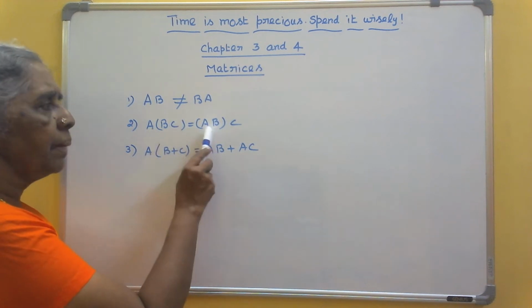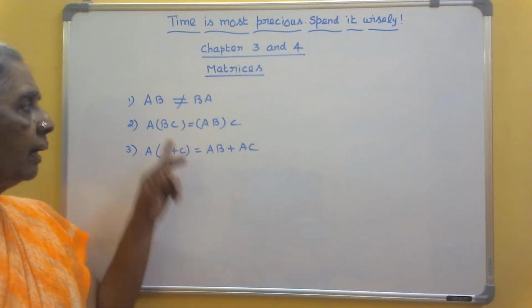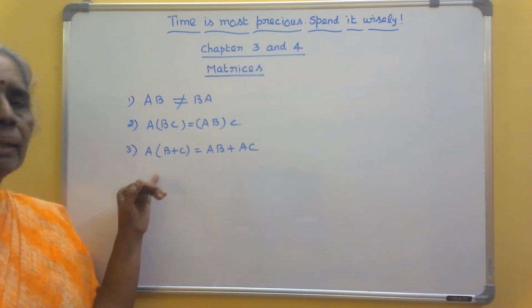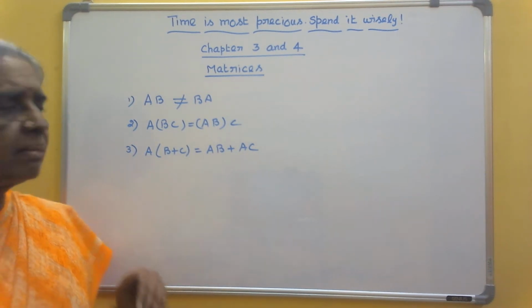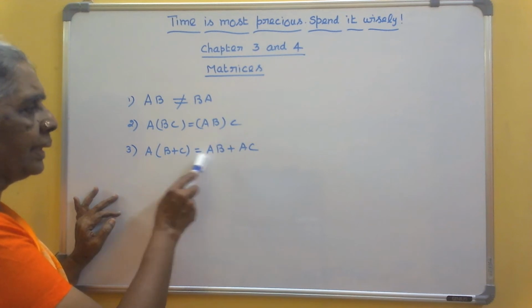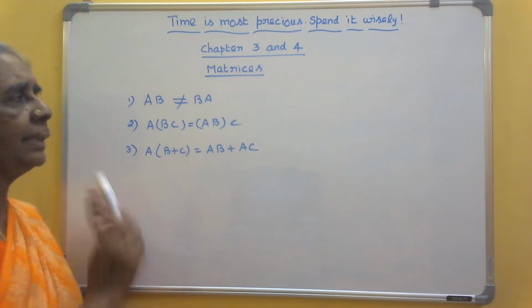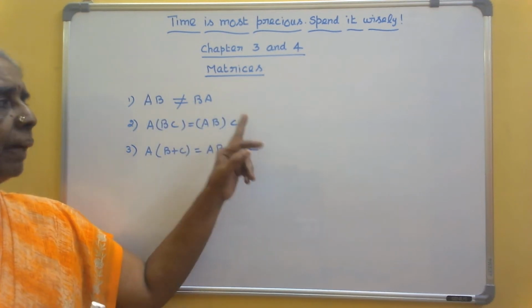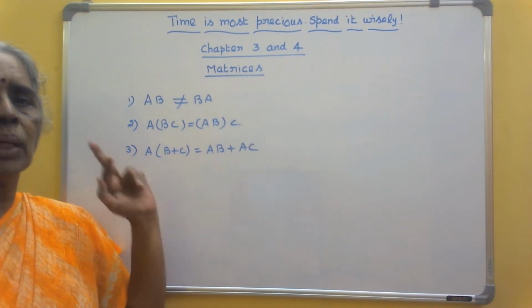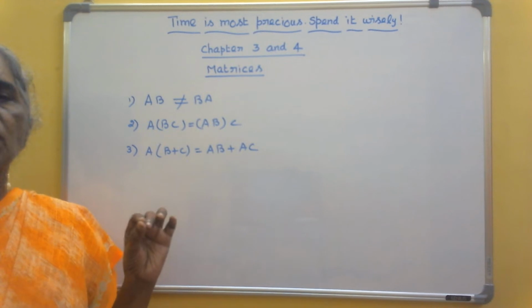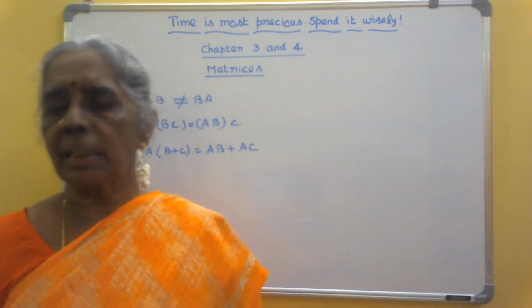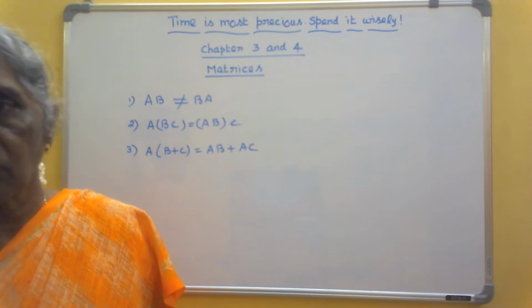Here it is ABC, here also it is ABC. Here it is A into BC, here it is AB into C. Then it is distributive, that is A(B + C) is equal to AB + AC. So multiplication is not commutative, multiplication is associative, multiplication is distributive. These are the three properties of multiplication of matrices.